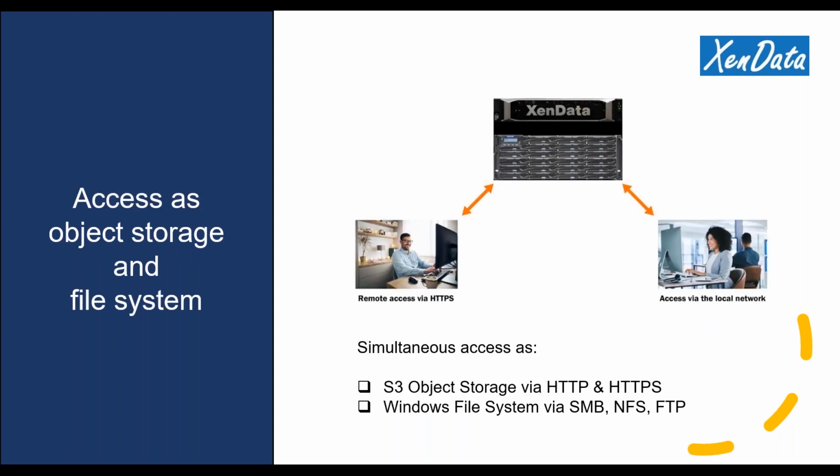So turning back to the S3 and the file system interfaces, these can be used simultaneously. For example, you have files being transferred to the system from someone working remotely. They'll use the S3 interface and securely transfer files via HTTPS. The HTTPS protocol is not only secure, but it's very efficient and fast over long distances.